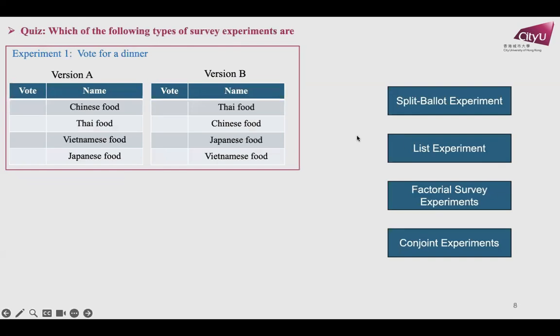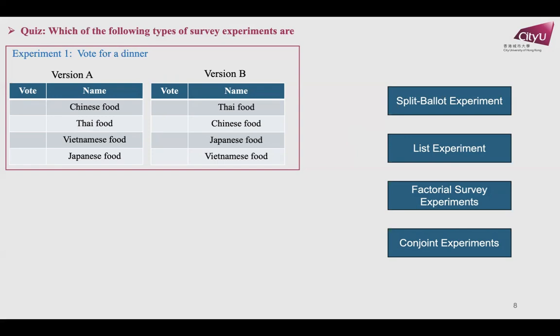So here are several examples that may represent these four kinds of survey experiments. For the first experiment, the researchers want to know whether the order of the food name will affect the respondents' dinner choices.